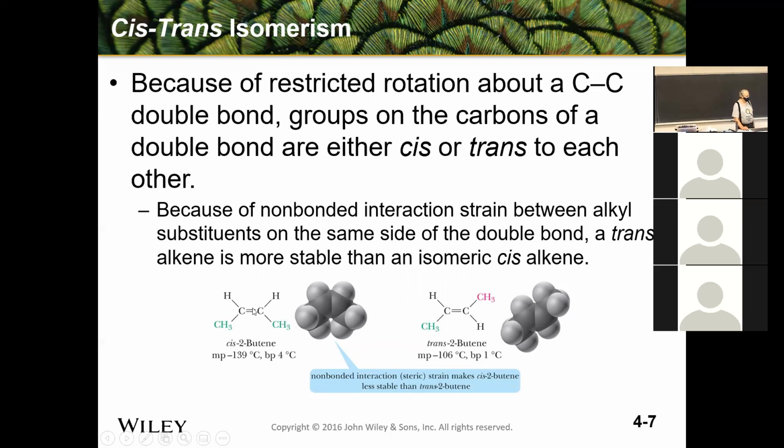Okay, on the previous slide, we said that we couldn't rotate about this double bond. We actually have to break the bond, rotate, reform it. And so these are different compounds. Okay, this one is called cis, and this one is called trans. Let me zoom in just a little bit here.